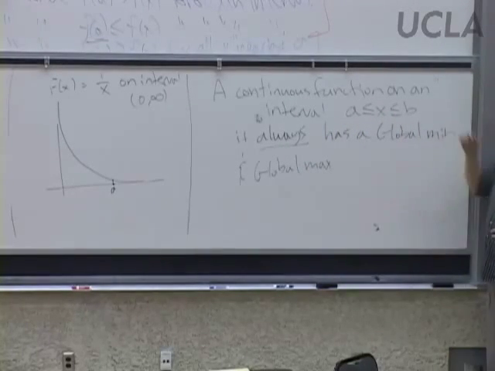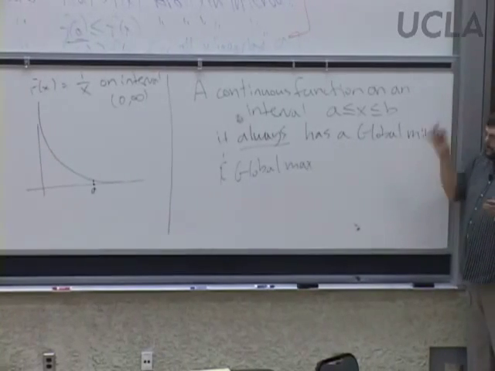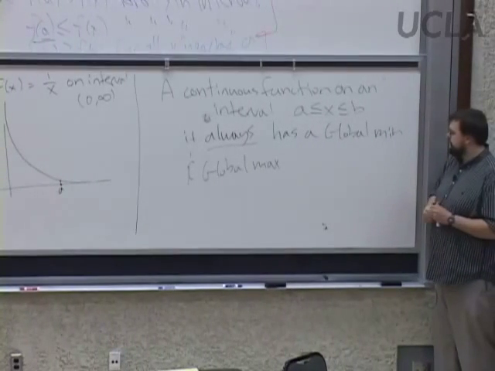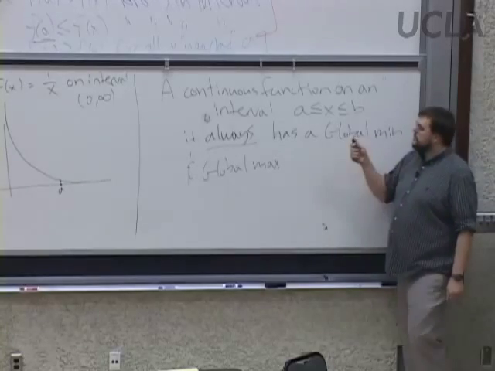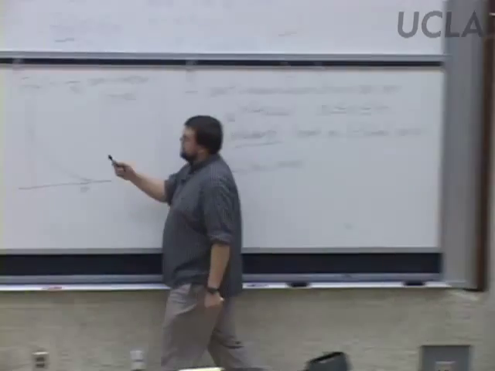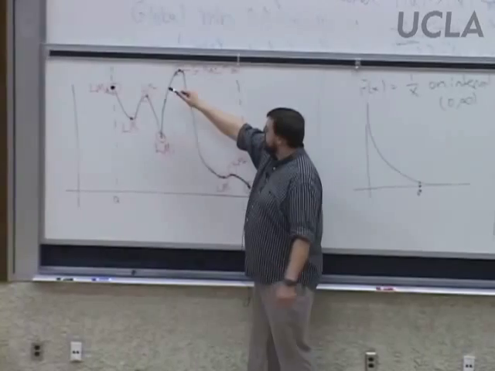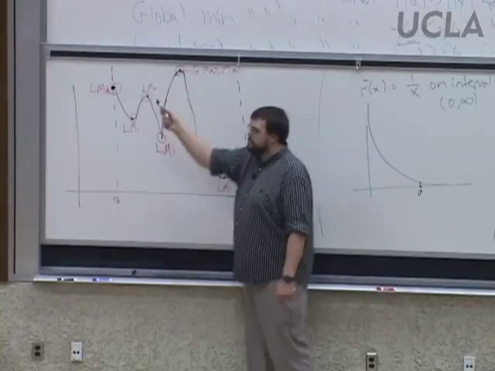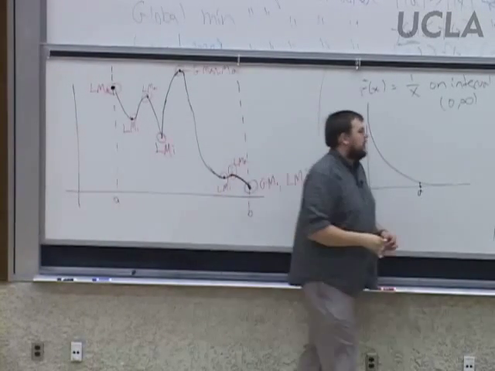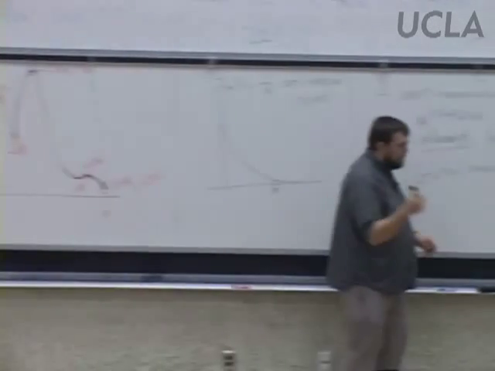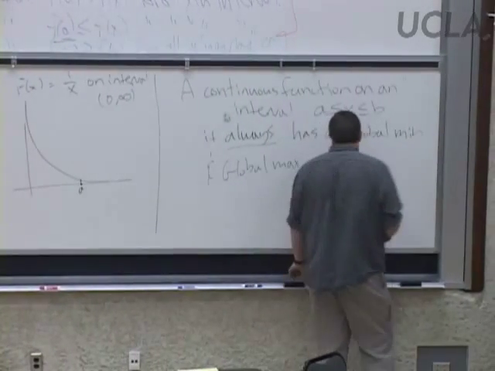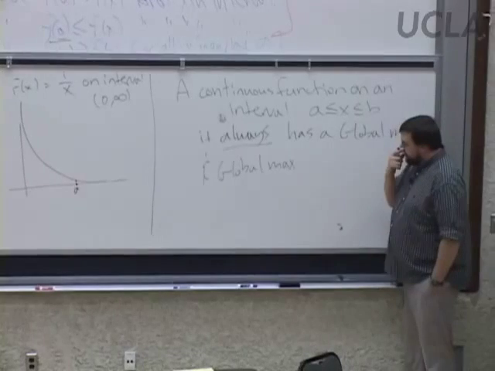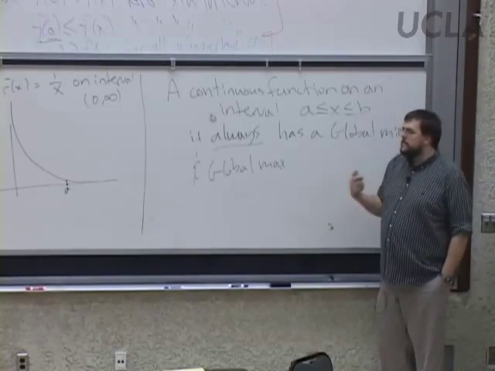We'll always be focusing on this case, or it'll be clear about what happens as we go to infinity, something like that. So here, notice my function is continuous, the way I drew it, and I included the endpoints. Therefore, I knew I would have a global min and a global max, and it was very easy to find. All right. Well, so far, most of what we've talked about is definitions.